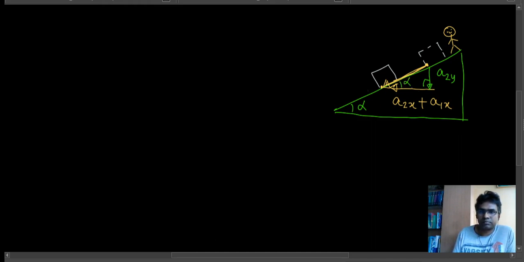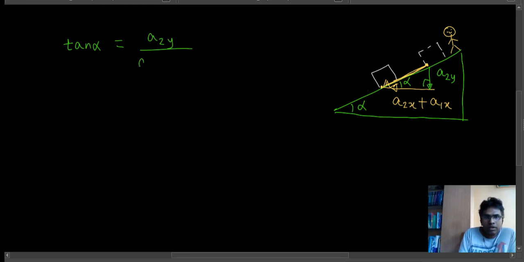alpha. So here, if I look at the geometry, I can write tan alpha is equal to a2y divided by (a2x plus a1x).